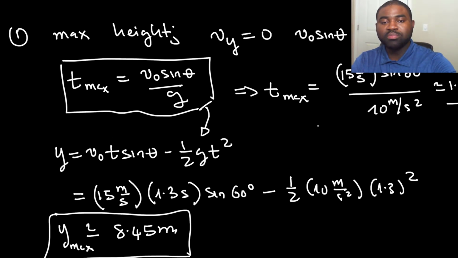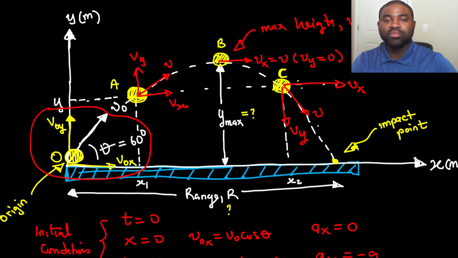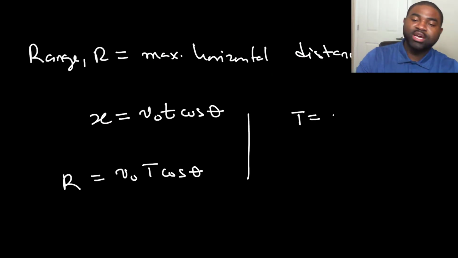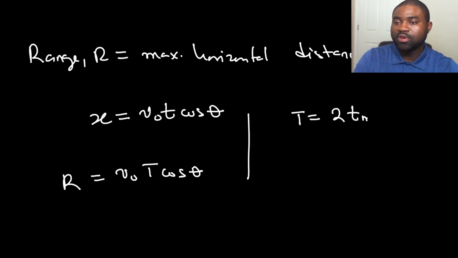Now, when you look at the path of a projectile, you realize that the time to reach maximum height is the same as the time for the ball to come down to the ground. That means that the total time of flight is 2 times the time to reach maximum height, which is just going to be 2 V naught sine theta, all divided by g.